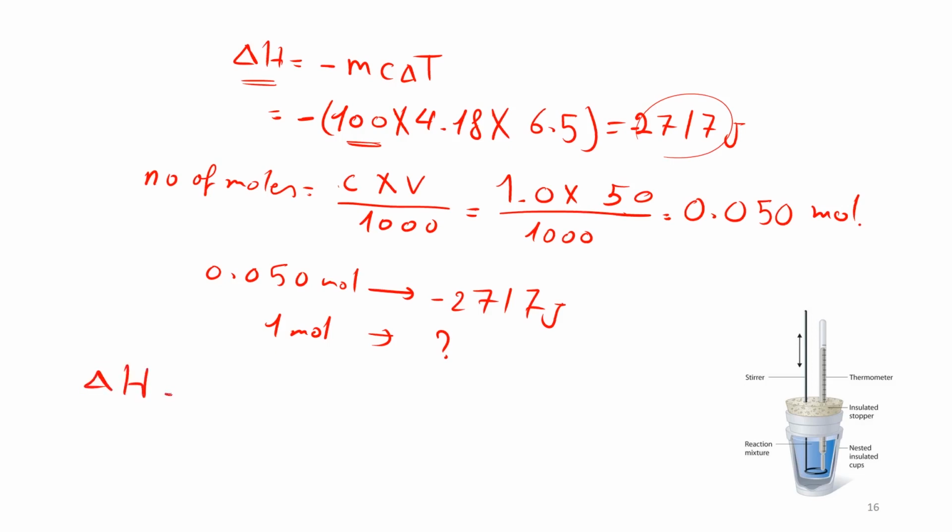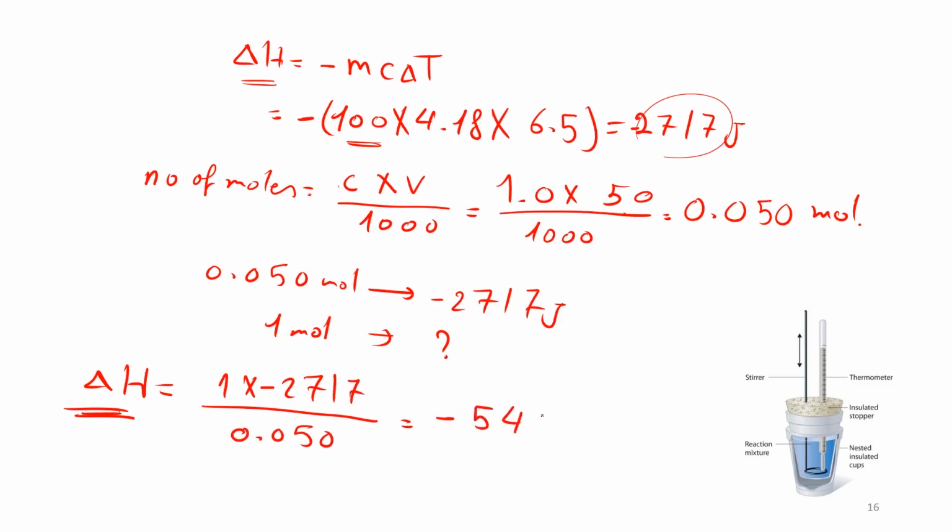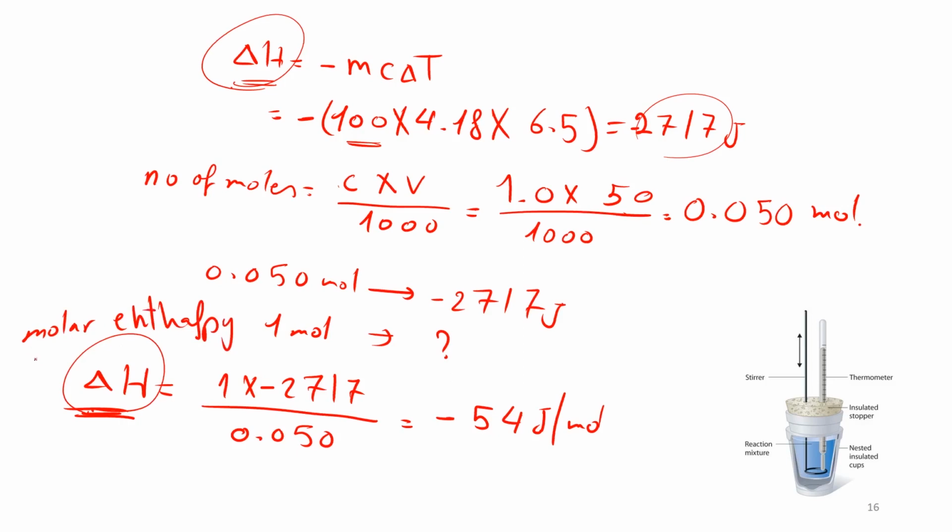So the molar enthalpy change, in that case, would be equal to 1 multiplied by minus 2717 divided by 0.050, and in that case it will be equal to minus 54 joules per mole. So now you know the difference between both of those values. This one is for my reaction, but this one is the molar enthalpy change.